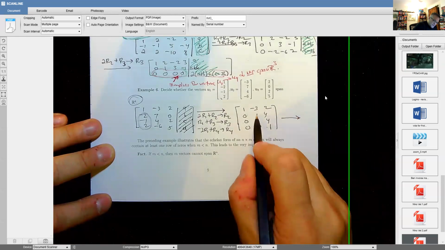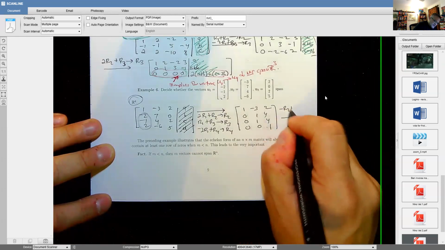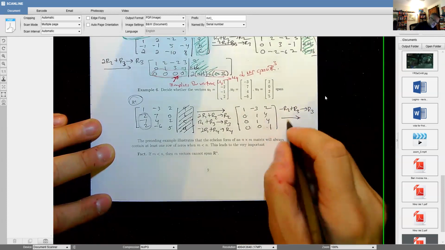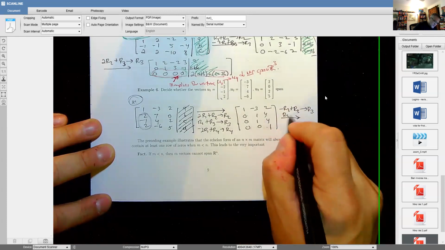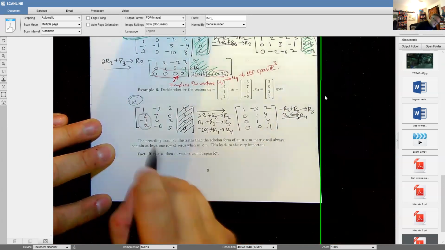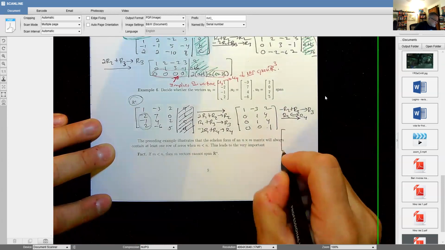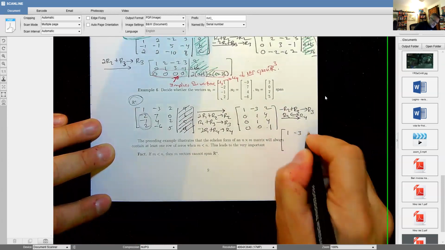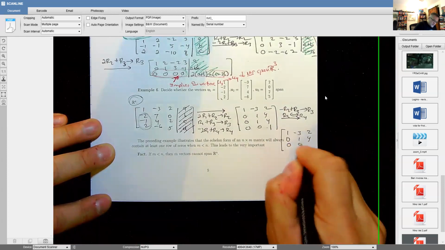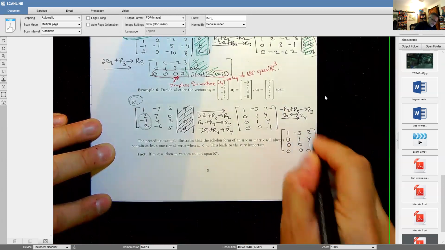I'm going to multiply row 2 by -1, add it to row 3, and I'm going to interchange row 3 and row 4. Okay, and so if I do that, the matrix I get is 1, minus 3, 2, 0, 1, 4, 0, 0, 1, but then I have a row of zeros.